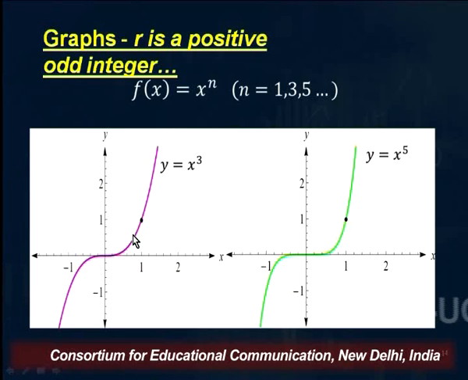So here what do you see? If the point 1 comma 1 lies on the graph, then the point minus 1 comma minus 1 also lies on the graph, and this is symmetry about the origin. Similarly, when you take y equal to x to the power 5, the same features are retained, and y equal to x to the power 5 will have the same general shape as x cubed.